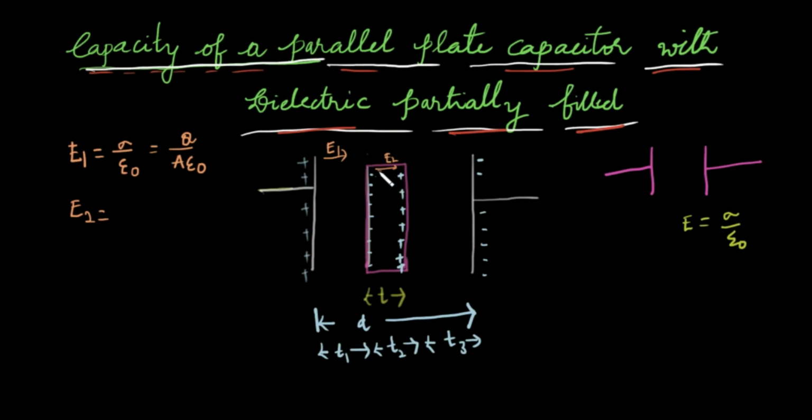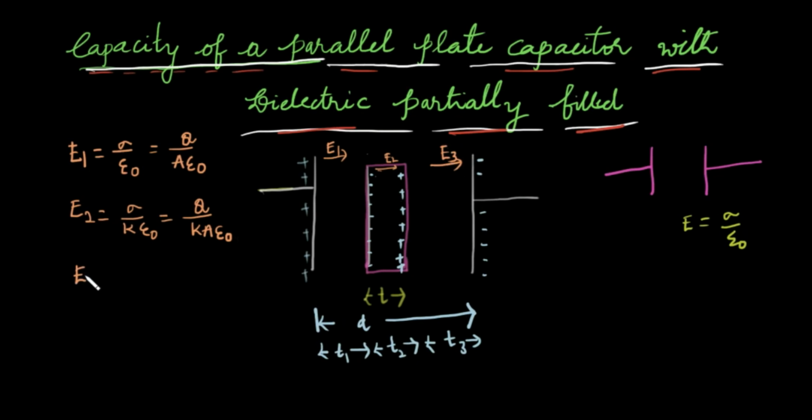Okay. So the electric field due to this minus this is equal to E2. The net effective is sigma by K epsilon naught, that is equal to q by K A epsilon naught, and here it is E3.